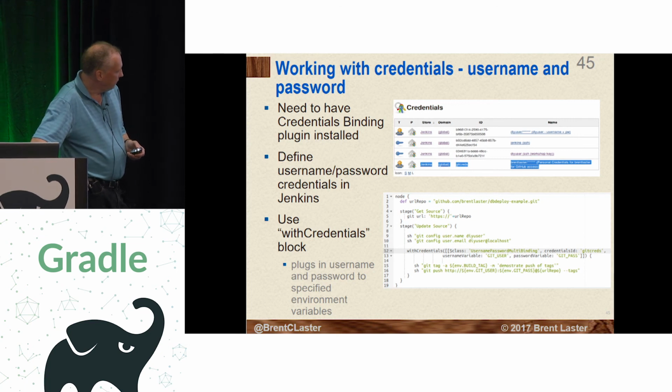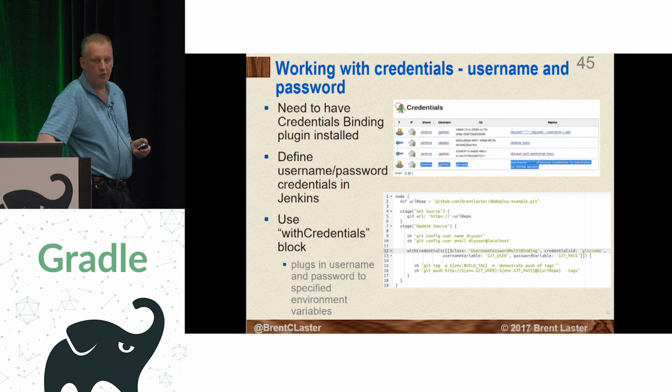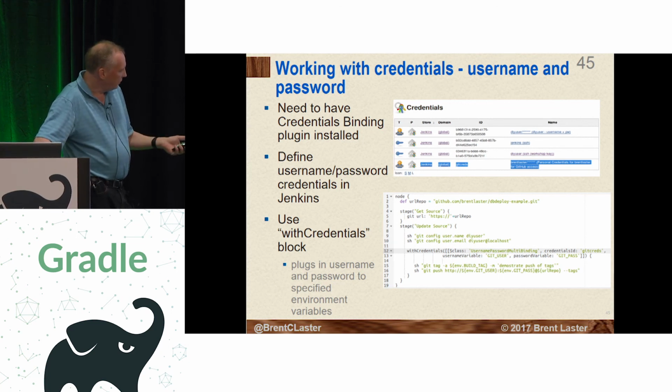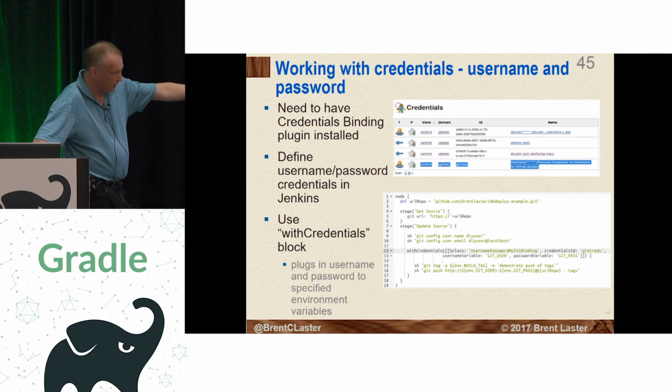And define the username. And then there is a step or a block in the Jenkins DSL called withCredentials. Again, you can go through the pipeline snippet or Snippet Generator to figure that out. But it plugs in the username and password to environment variables. Now, there is an error on that code I'll tell you about in a moment. But basically, if you look at the labs online, you can see it's withCredentials.